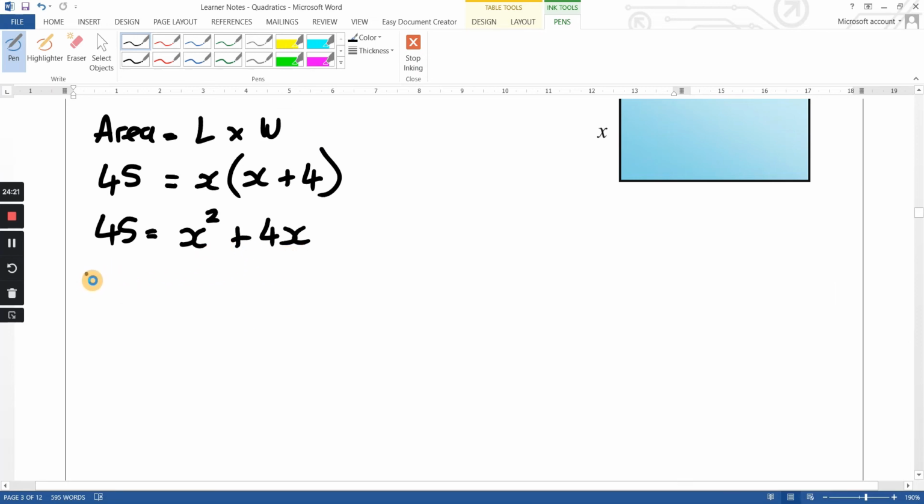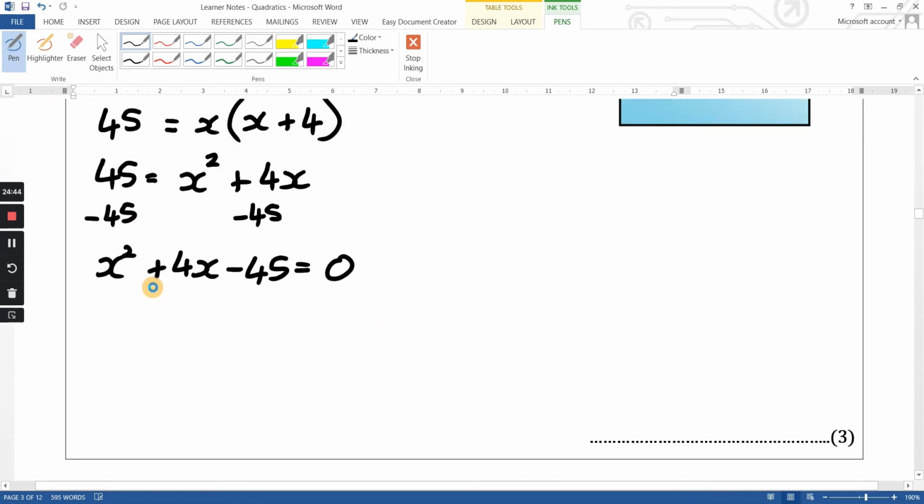So I'm going to have to minus 45 to both sides. I'm going to rewrite it as well with x squared on this side. Still got that. And on the same side, I'm going to have minus 45 equal to 0, because this is gone now. Yeah, 45 on that side is gone.